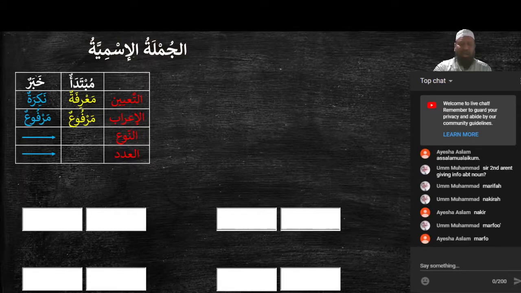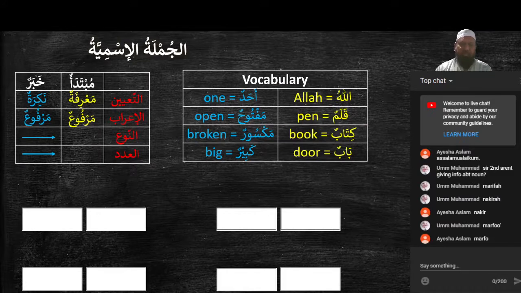Now here I have 8 boxes. We're going to make a sentence in Arabic. So before that, here we have some vocabulary. On the right hand side, we have in yellow color the word Allahu, then qalamun, pen, kitabun, book, babun, door.